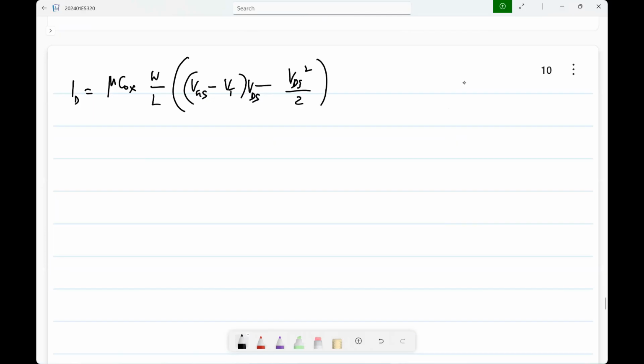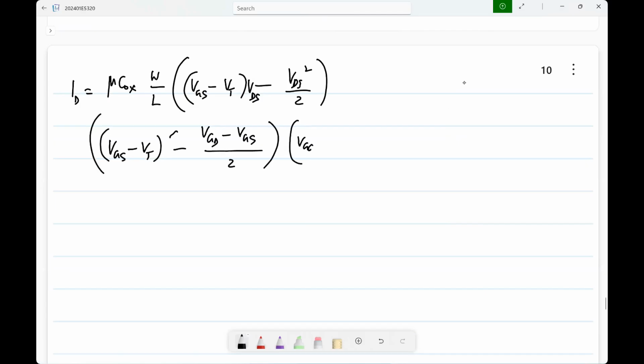So this is of course a factor. I think the other way, right? VDS will be VGS minus VGD.